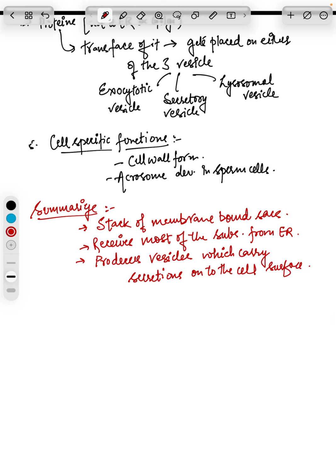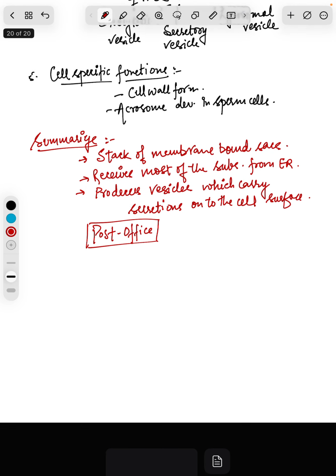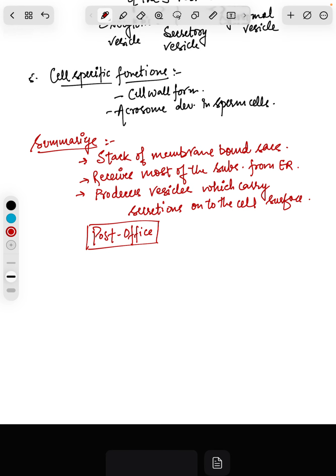Basically, it functions as a post office of the cell where proteins and lipids are taken, labeled and transported to other locations within the body. It basically attaches a stamp to every protein and lipid which is made and formed inside ER, and it transports them to whatever destination they are supposed to go.